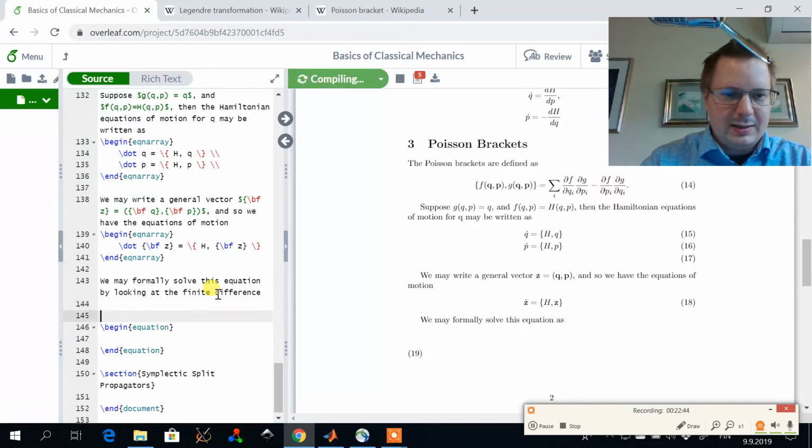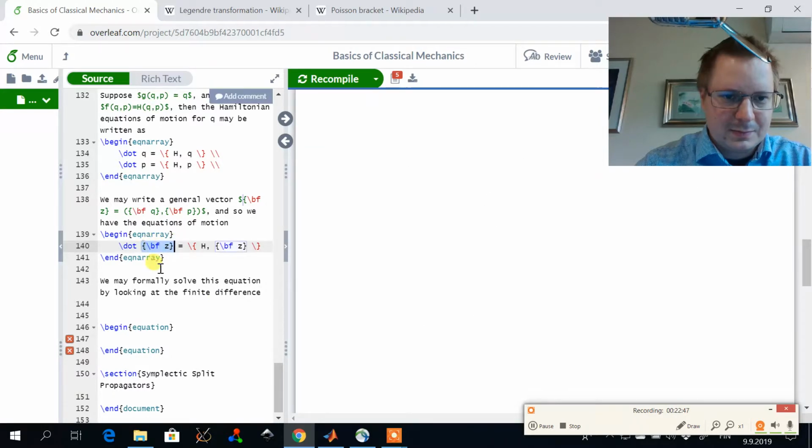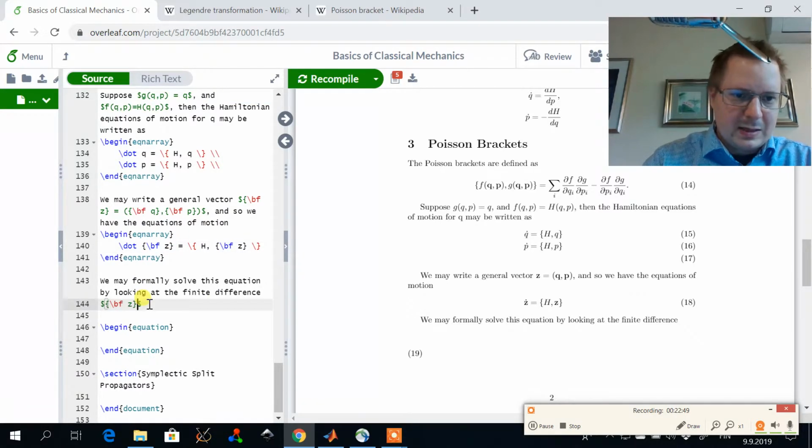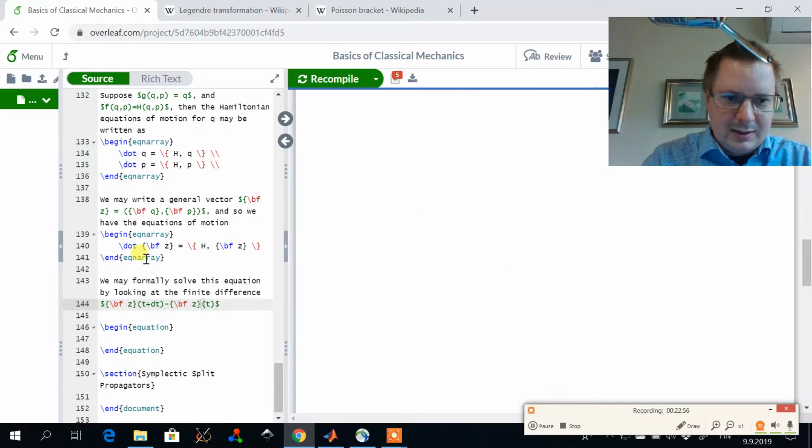We say that we have some eta, and then we can write the time derivative of eta in this way.